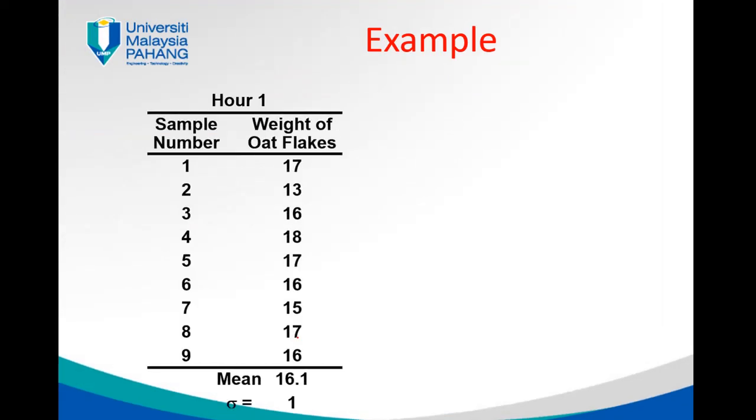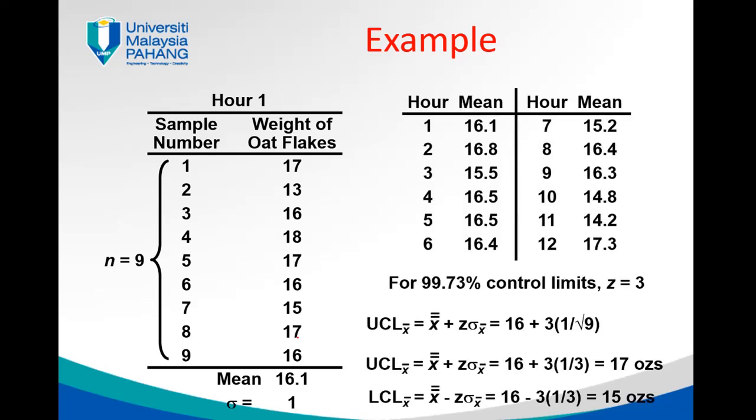For example here, I want to monitor the weight of oat flakes. I want to monitor for 12 hours, hour 1 to hour 12, and for each hour, this is the data that has been collected.